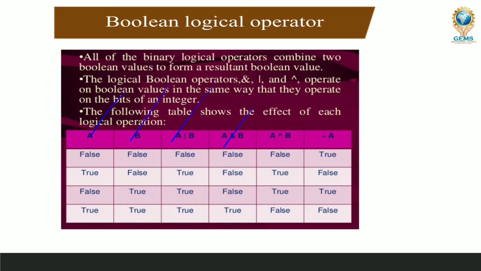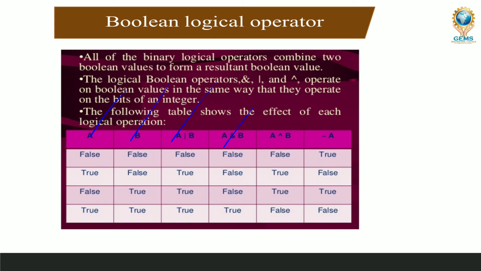The logical Boolean operators AND, OR and XOR operate on Boolean values in the same way that they operate on bits of an integer. The following table shows the effect of each logical operation.